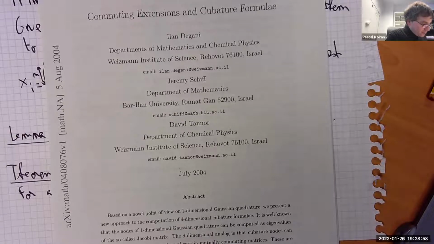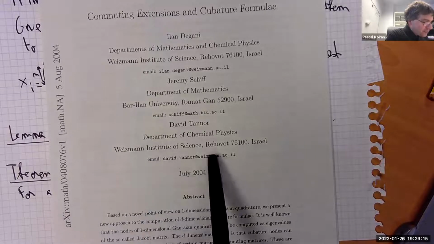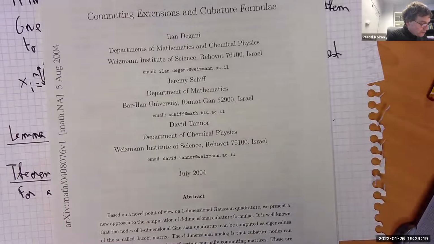These guys are trying to cook up formulas for approximating integrals, multivariate integrals, and it turns out to be useful in quantum physics. Two of these authors are from a chemical physics department, so this is somehow related also to quantum stuff.